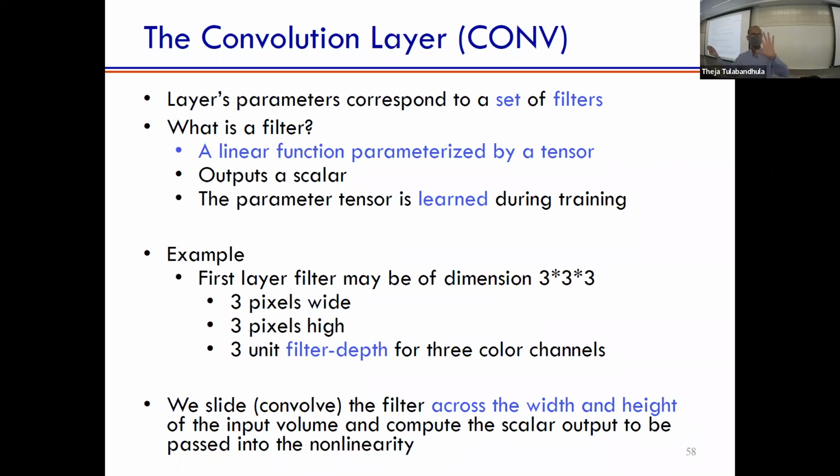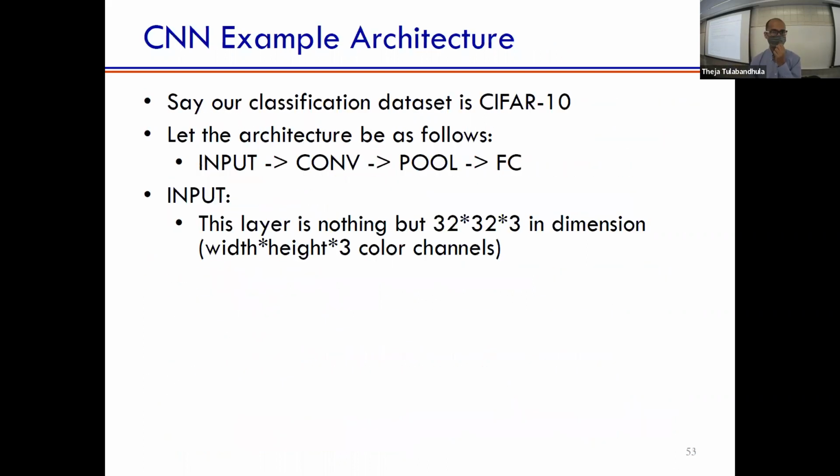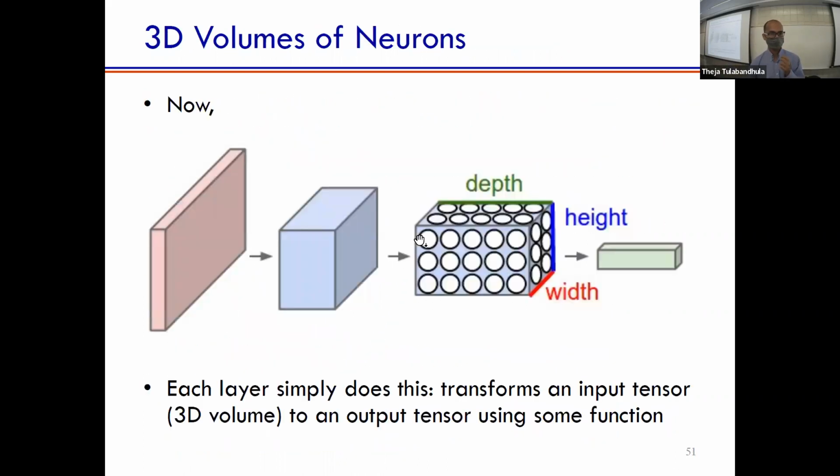Then the filter slides, and we'll see the sliding in a second, so several numbers are produced. That one number being produced is exactly this one number here. Think of this circle as corresponding to one number produced by one filter multiplying with some part of the input. That's one neuron computation, and we'll come back to this.